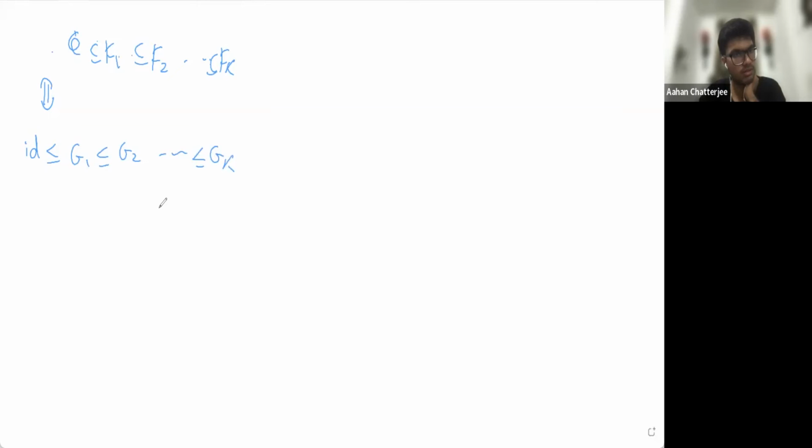So what I'm saying is finding a sequence of subfields Q, F1, F2, up to Fk is equivalent to finding a sequence of subgroups: the identity is a subgroup of G1, a subgroup of G2, up to Gk.